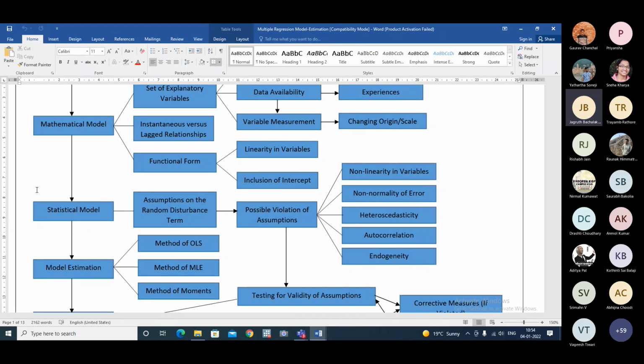Now the bigger question is, why do we need to add the random disturbance term to a mathematical model to convert it into a statistical model?